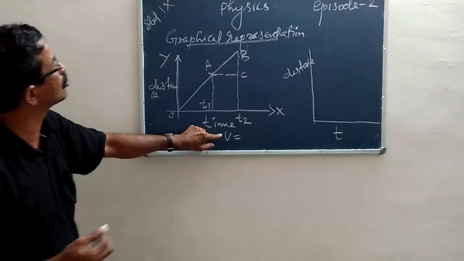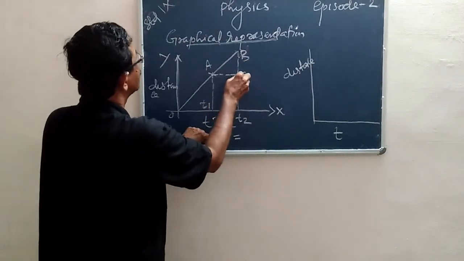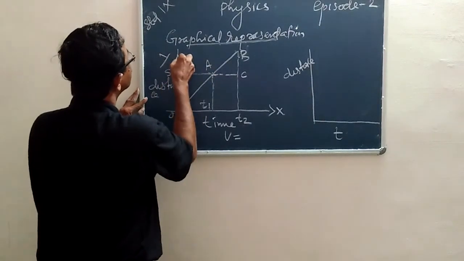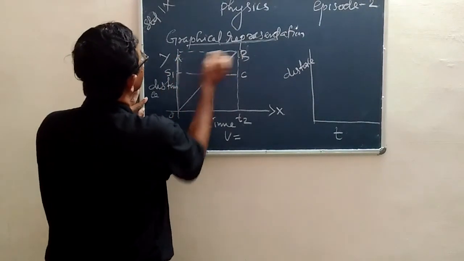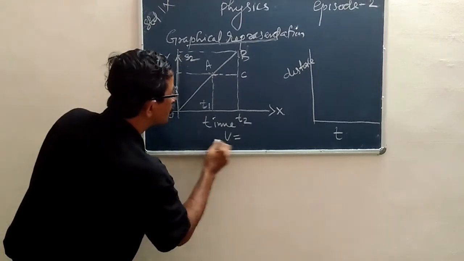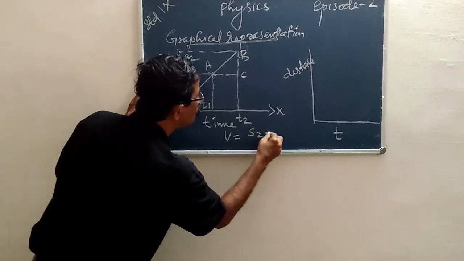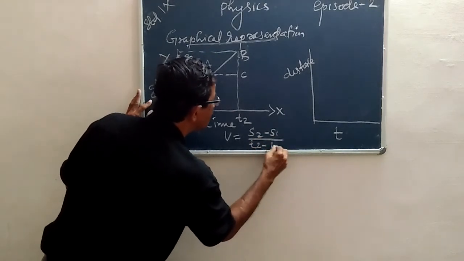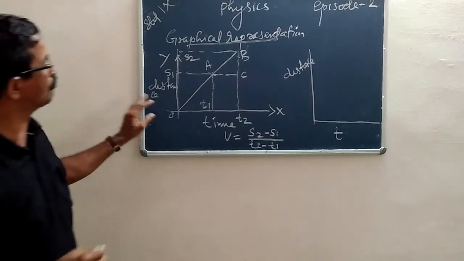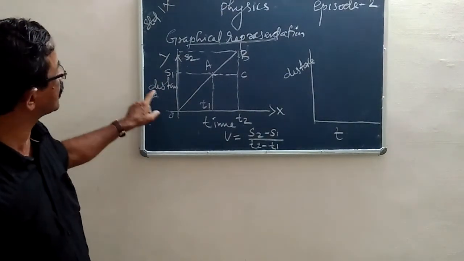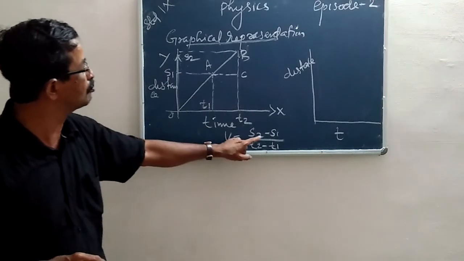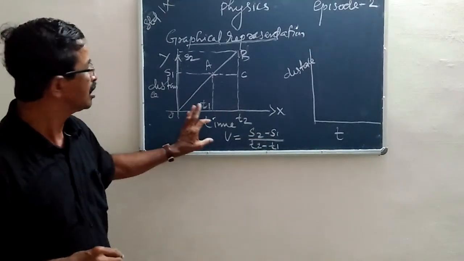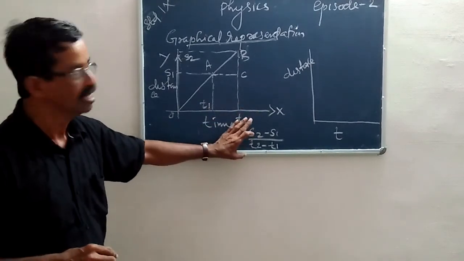So here v is equal to distance, that is BC. Let this distance be s1 and this distance s2. So speed v is equal to s2 minus s1 by t2 minus t1. So speed from this distance time graph is v equal to s2 minus s1 divided by t2 minus t1.